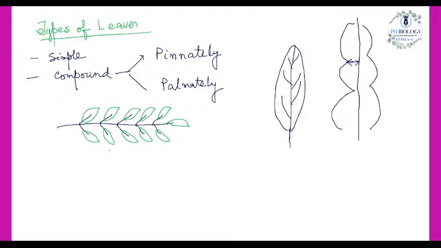In case of palmately, the leaflets are attached at a common point. Think about this one. So here, in case of the silk cotton, the Bombax ceiba, there's the petiole, and from there they are originated. So have you seen this?